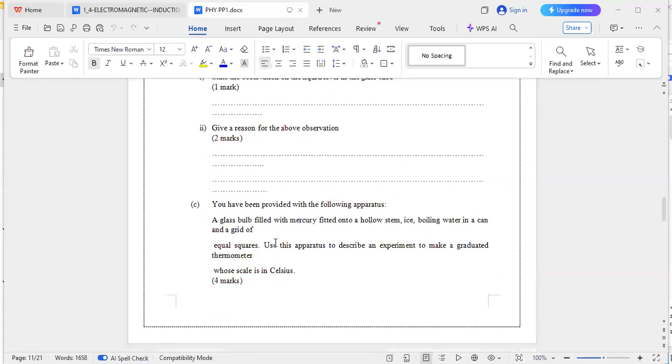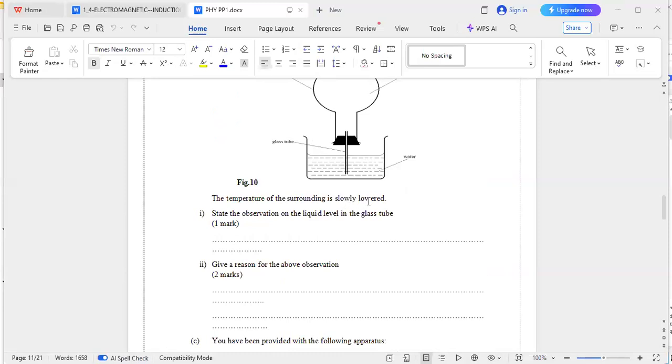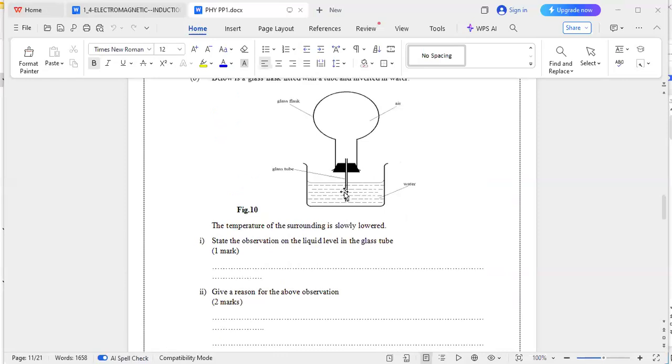So I hope that is clear. Remember, it's slowly lowered. If it's immediate, like we cover the flask with ice, then the observation will be different. Of course, what we may see is bubbles.